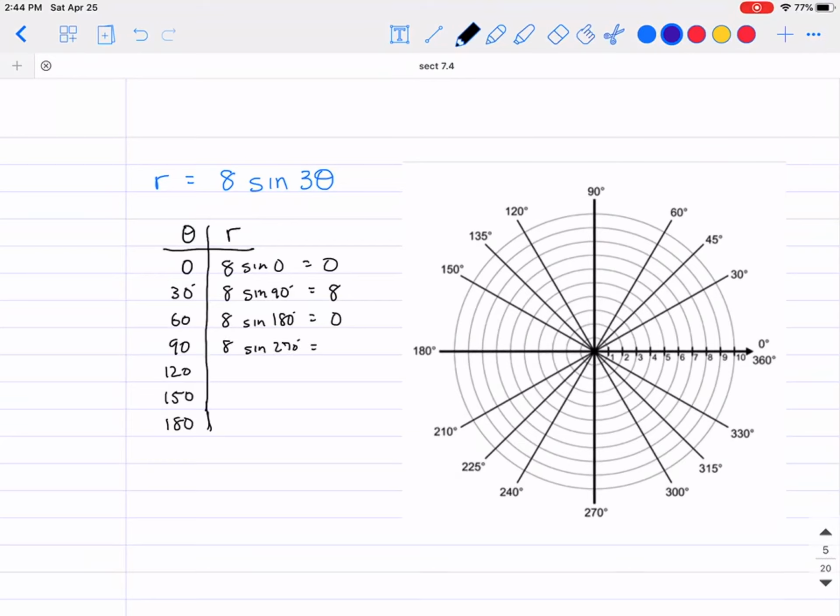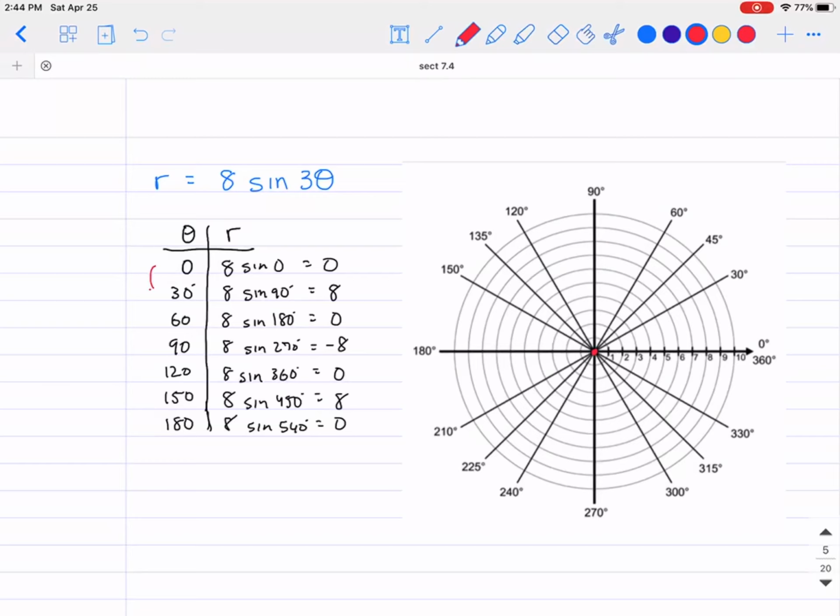Then the next one, 8 multiplied by the sine of 180, that will give me 0. 8 multiplied by the sine of 270, that gives me -8. Then 8 multiplied by the sine of 360, so that gives me 0. 8 multiplied by the sine of 450, so that gives me 8. And finally, 8 multiplied by the sine of 540, which is going to give me 0. And yes, there are more. There's going to be more after this, but let's just work with what I have right now because our plate is kind of full.